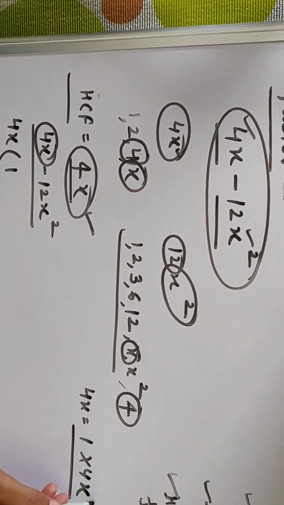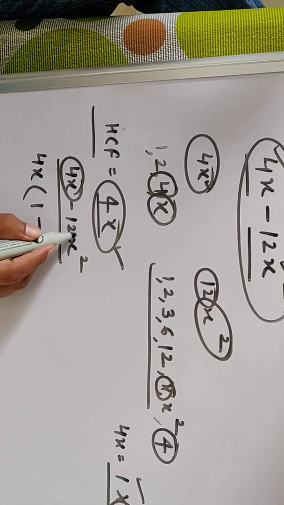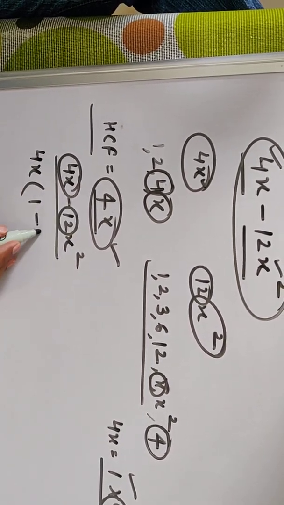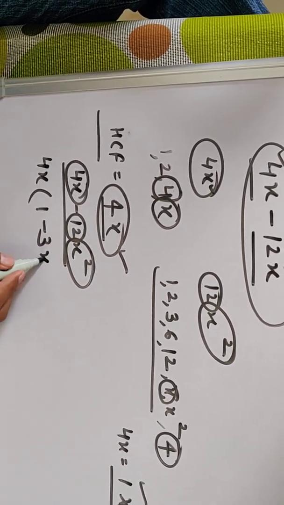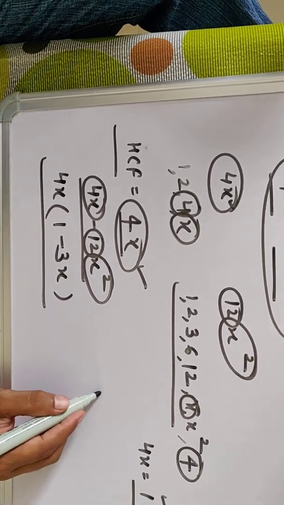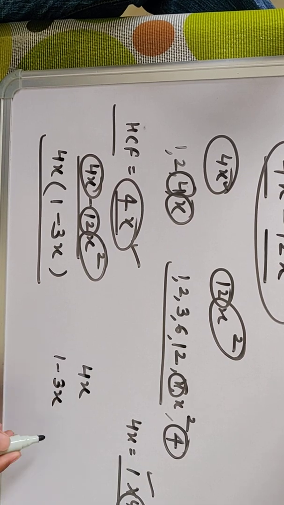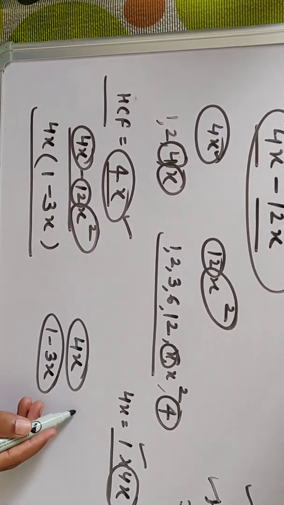From here, if you take 4 common, divide 12 by 4, what is the answer? 3. And x square divided by x, what will be the answer? X. So there are two factors of this expression. 4x is one factor and 1 minus 3x is the other factor. So in this way we can factorize any expression.